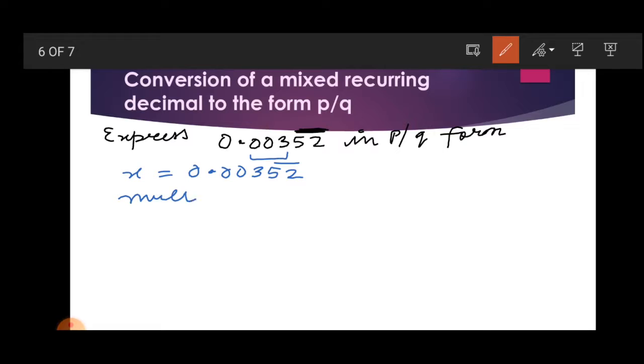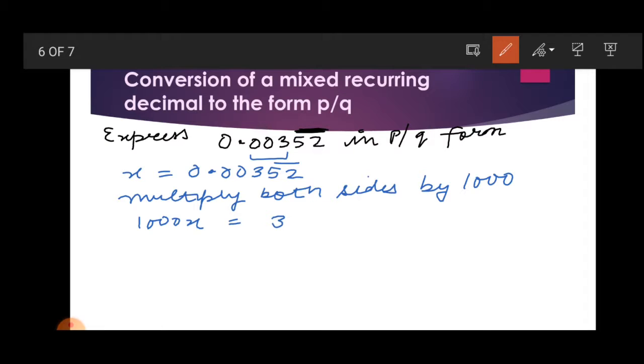Multiply both sides by 1000. So 1000x is equal to 0.00352 bar multiplied by 1000, which is equal to 3.52 bar.